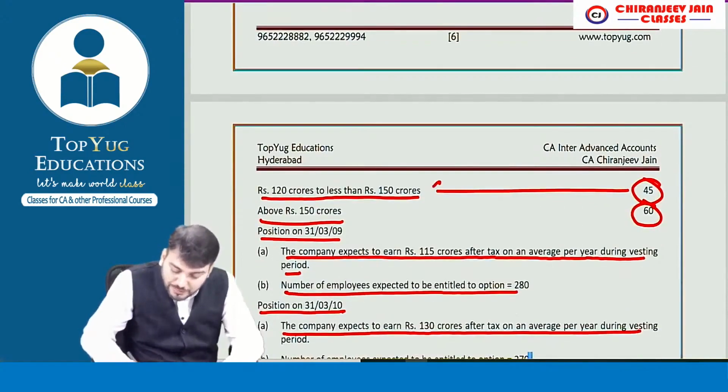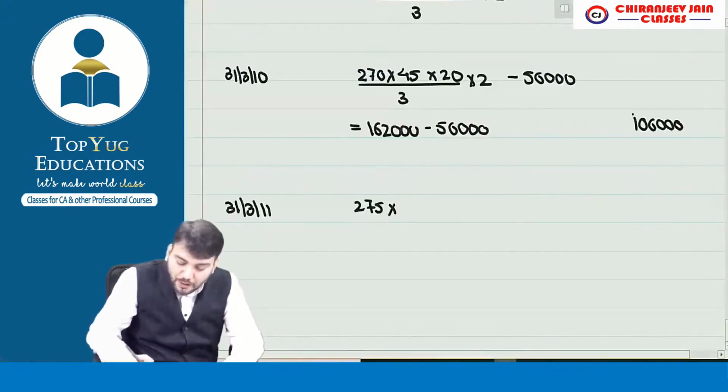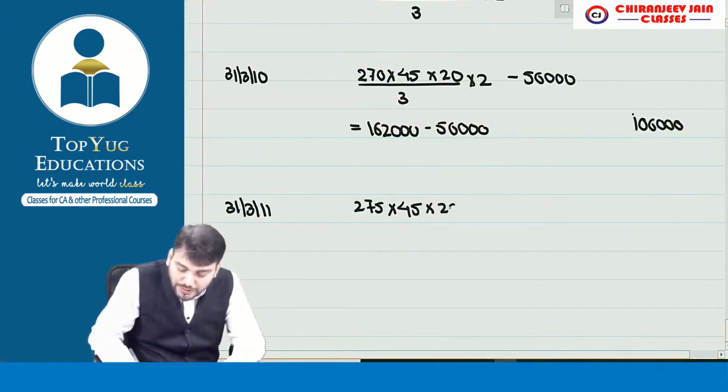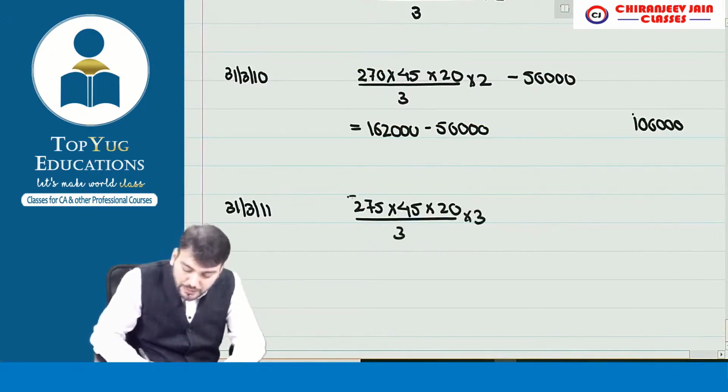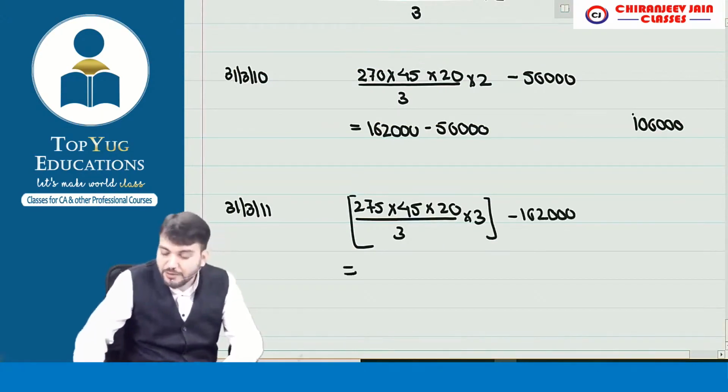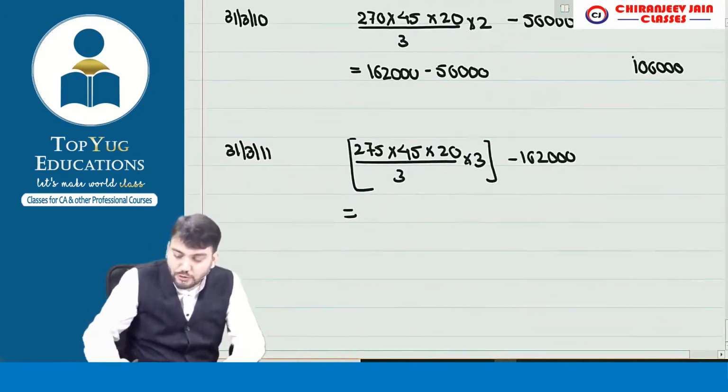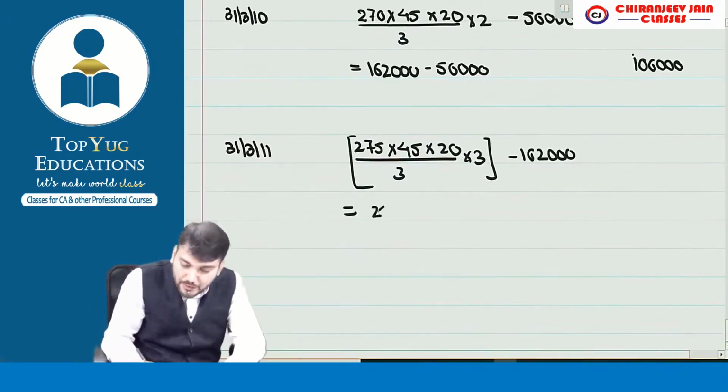This will be in the same slab. So this is 45 options per employee into 20 divide by 3 into 3, minus 1,62,000. Correct. So this is coming how much, check करेंगे: 275 into 45 into 20 is equal to 2,47,500.